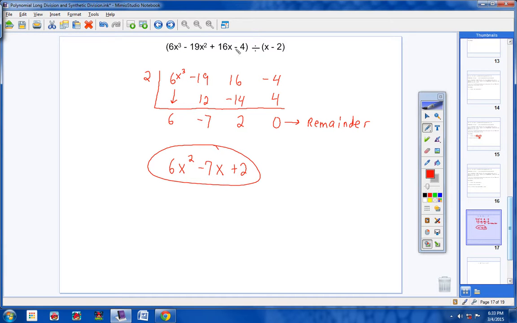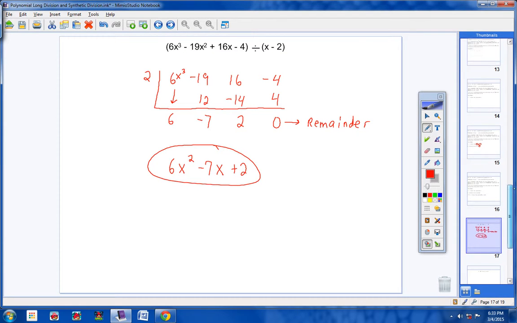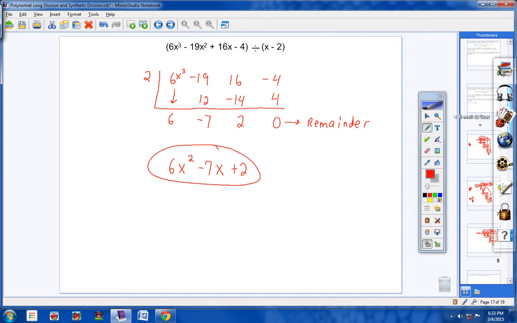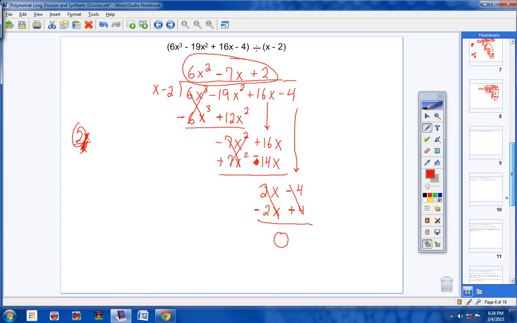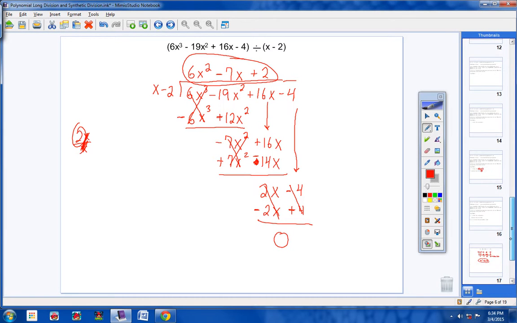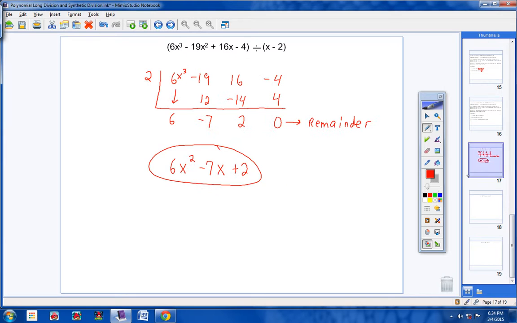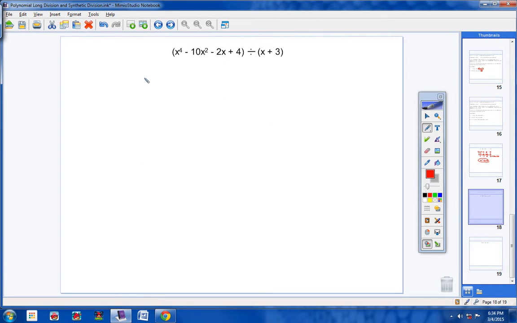So the exact same problem, done 2 different ways. Look how much faster that was than doing that other method we used way up here. That took a long time. So synthetic division is definitely better when you can use it. When you can't, well, you'll have to use long division. Alright, let's go on to another problem. Alright, here we go.